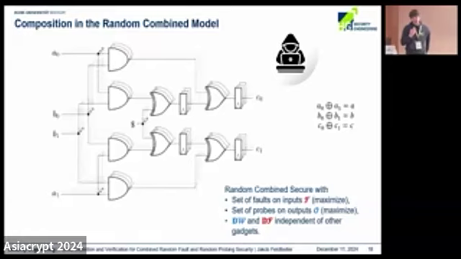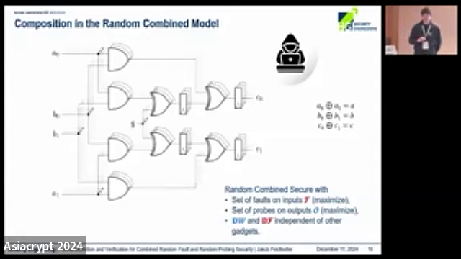Okay, and now what we did is we implemented two different tools to analyze the security of circuits. First I want to talk about composition. If you have two circuits that are random combined secure, then the combination will not be random combined secure with the same parameters, so we have some compositional notion.